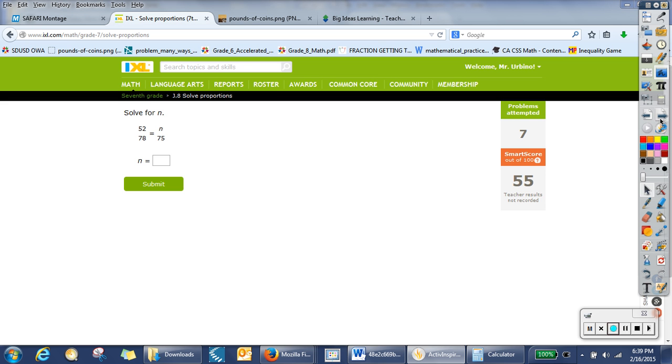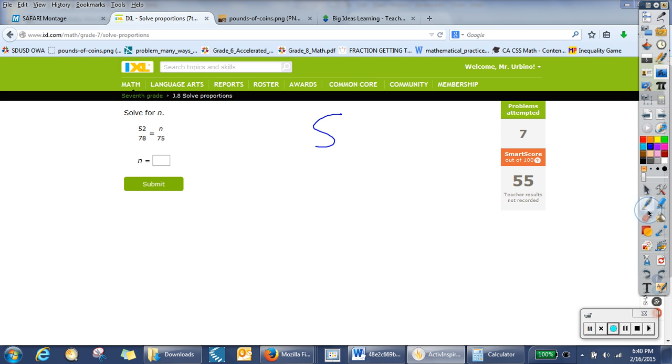Next. Ooh. See, this one's another big problem. I don't want to use cross multiplication on this one just because the numbers are so big. So for this one, I'm going to simplify it. But because of 78 and 75, I can't evenly divide 78 into 75.